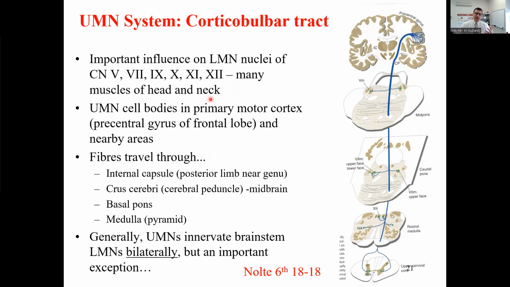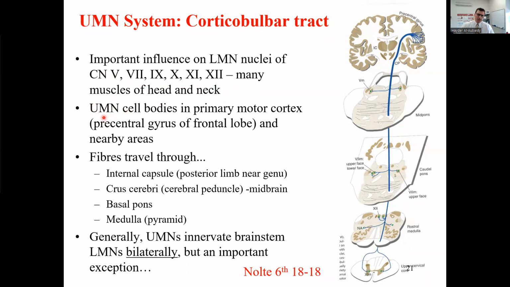For cranial nerve 3, 4, and 6, these are three cranial nerves related to the movement of the eyeball. I won't cover them here. Richard Fernandez will be covering them when he talks about the eye region. So the corticobulbar tract is responsible for motor output or motor control of these cranial nerves.